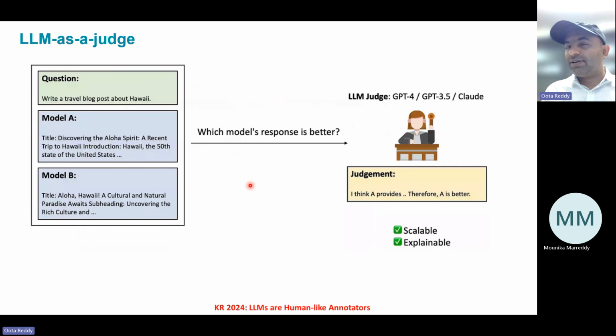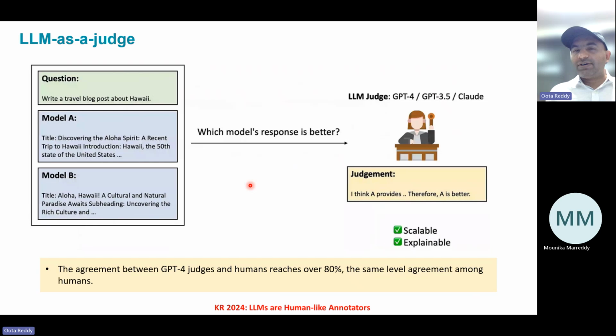So it is scalable and explainable. The advantage is that there are no humans here, all LLMs are acting as judges. So we can scale to n number of examples within the time constraints, and it is also cost effective.